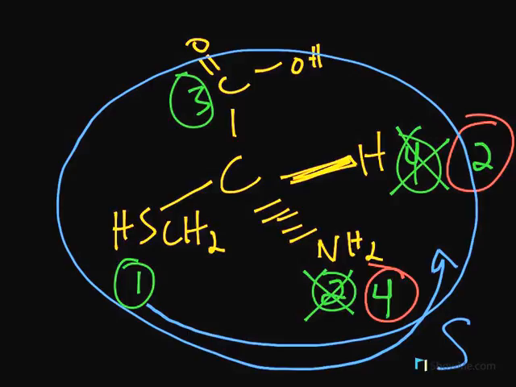However, because we switched the priorities, we don't go off of the initial assignment of R and S. We have to switch them. Remember, we switched the priorities. So now, even though we have S here, all we're going to do is say that it's actually really R. It's really, really R, because we switched priorities 2 and 4.